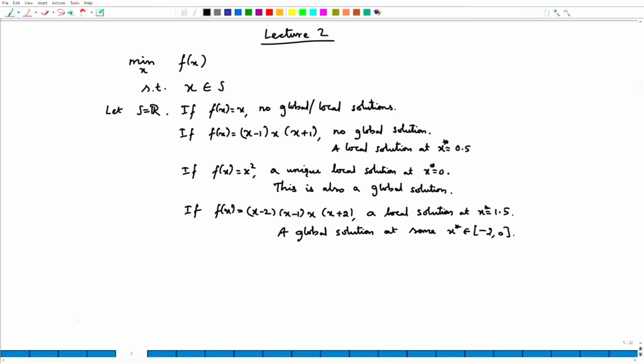It is famously called the Weierstrass theorem. And what does it say?